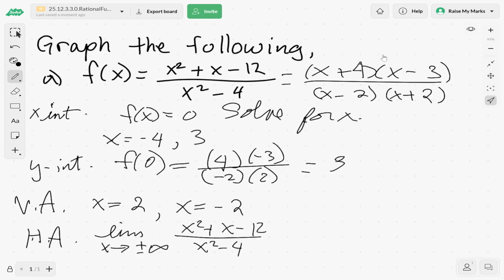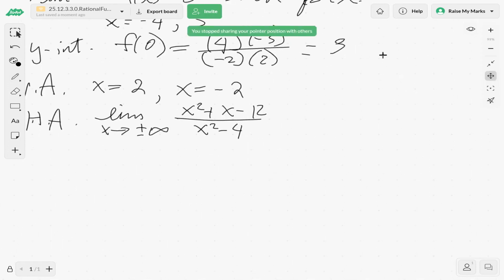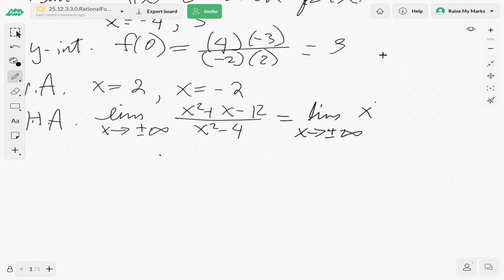Let's scroll up and give ourselves a bit more space. Again, limit as x approaches plus or minus infinity. We're going to divide each term by x squared.